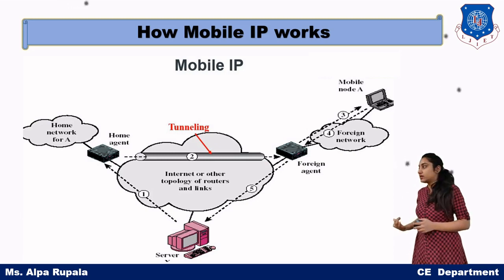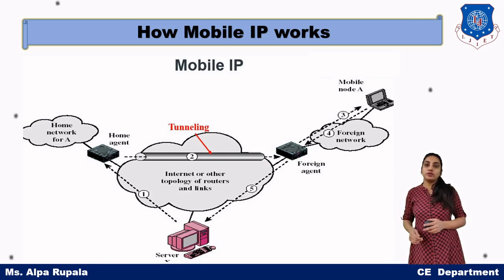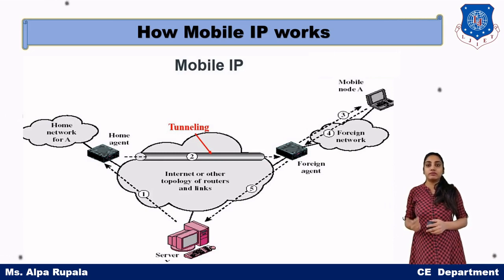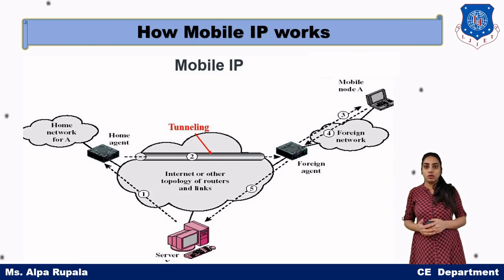One server X wants to send data to mobile node A. The home address will be of the home network of mobile node A.